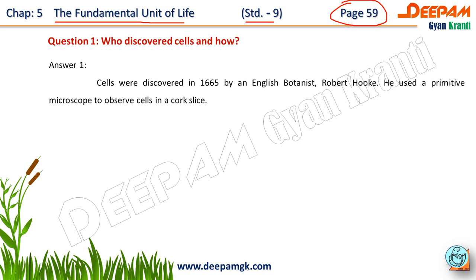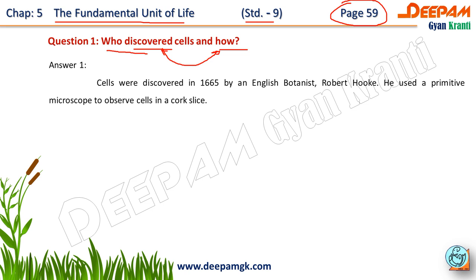The first question on this page is: who discovered cells and how? Two things are asked in this question. Students, you have to understand what is being asked. First, who discovered, and second, how it was discovered.